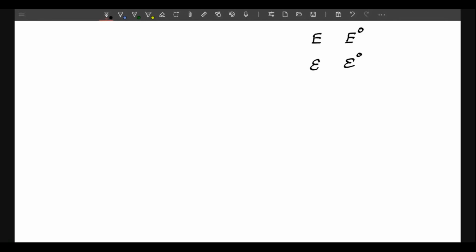So what does the Nernst equation relate? The electrode potential in the standard condition, epsilon naught, and the electrode potential in the non-standard condition, epsilon. Then the concentration of the electrolyte, which would be changed in a non-standard condition. That is why we call it a non-standard condition.